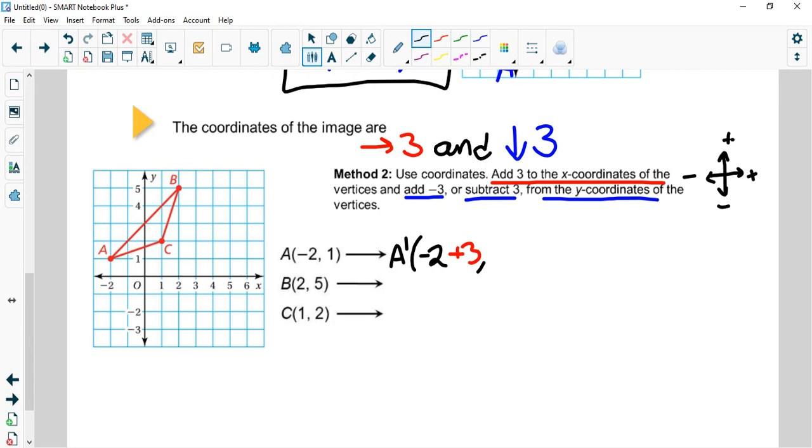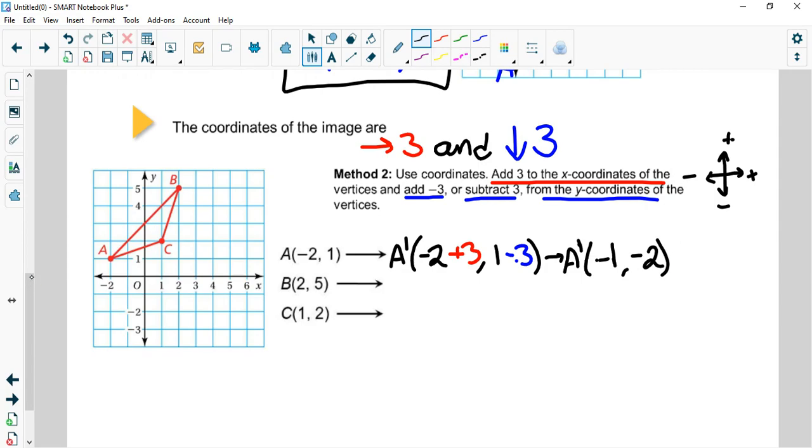I take the y coordinate, which is 1, and since it was -3, I'm adding a negative, or I'm just subtracting 3 from the y value. -2 plus 3 is -1. 1 minus 3 is -2.